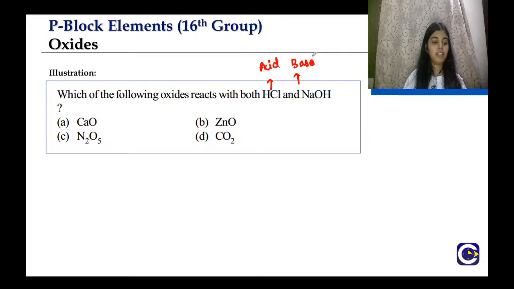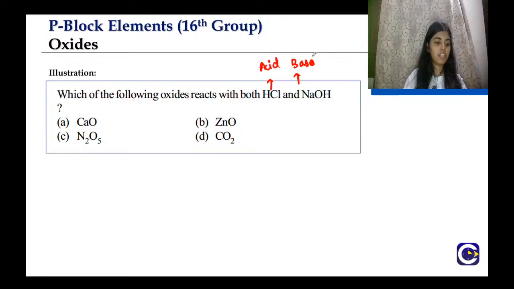Which one of them is an amphoteric oxide? Calcium oxide, zinc oxide, N2O5 or CO2? Which will react both with acid and with the base?